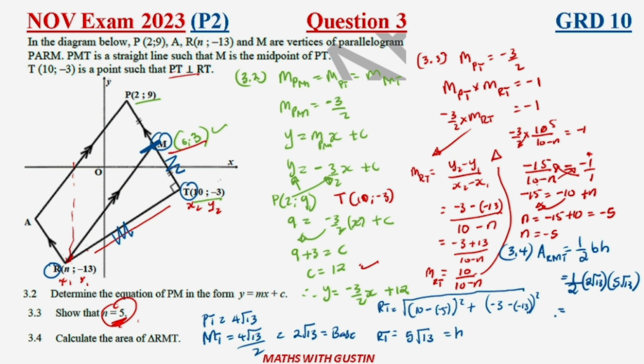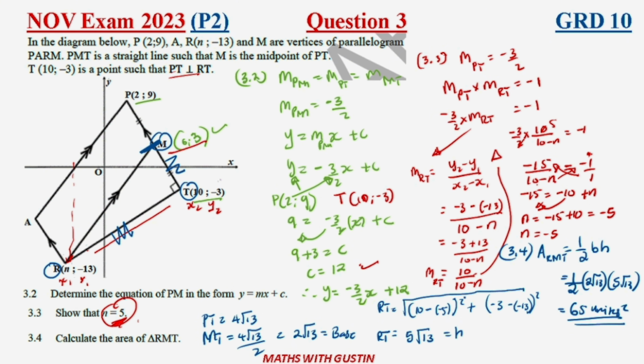Okay, so now when you put everything together and multiply everything together on my calculator, I am getting a value of 65. Remember guys, this is an area, you must say units squared, even though they didn't give it to you. However, okay guys, listen very carefully here.